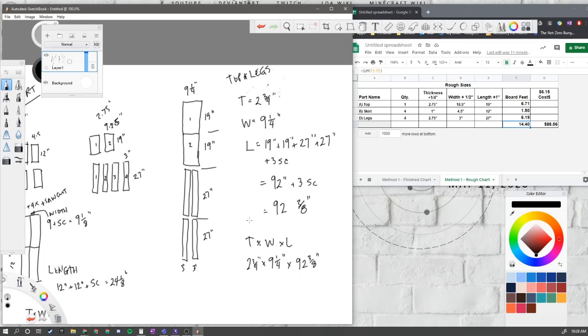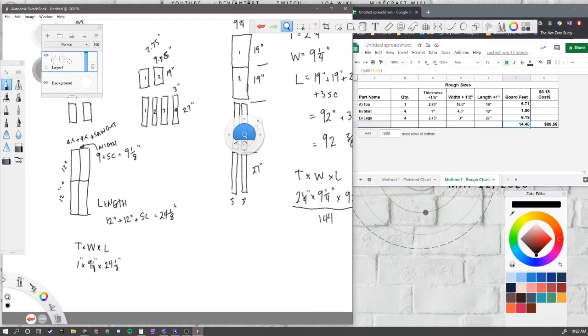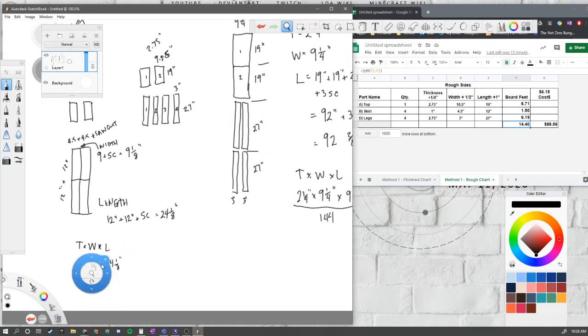Okay, and if we multiply that all out and we divide by 144, we get the board feet. And if we do the same here, we also get the board feet, which is what I have here in this chart over here.